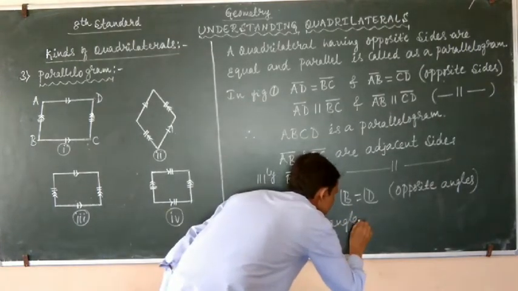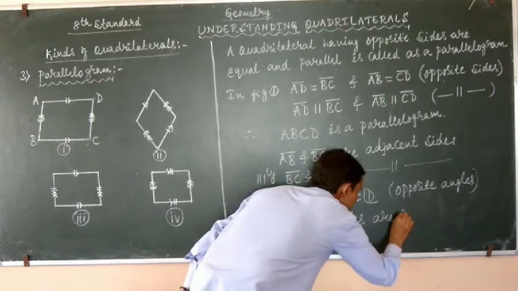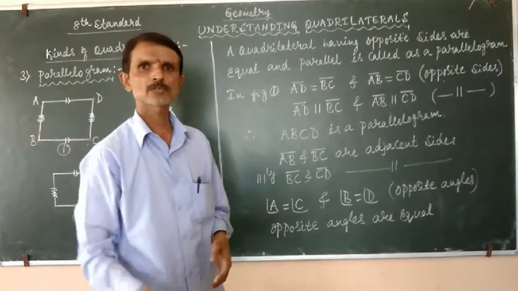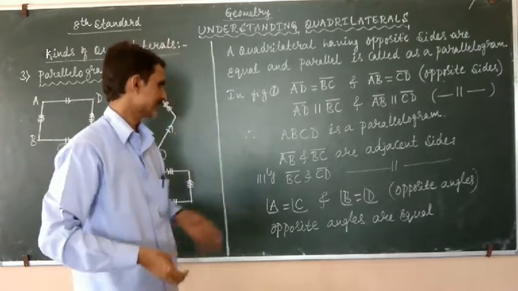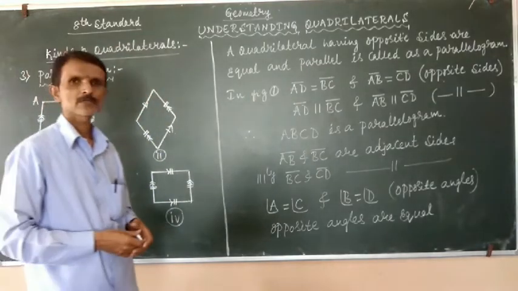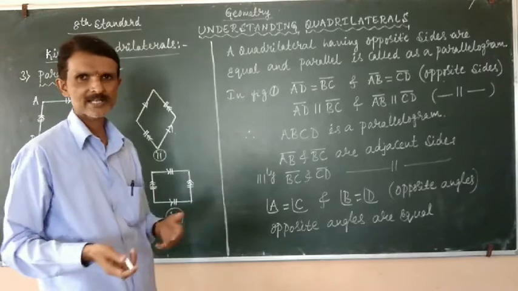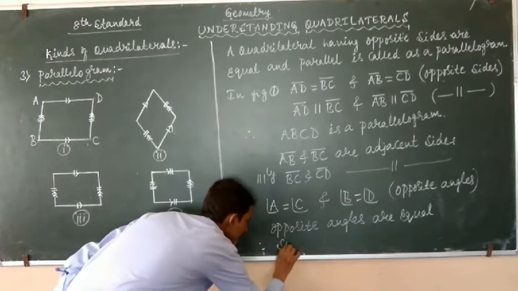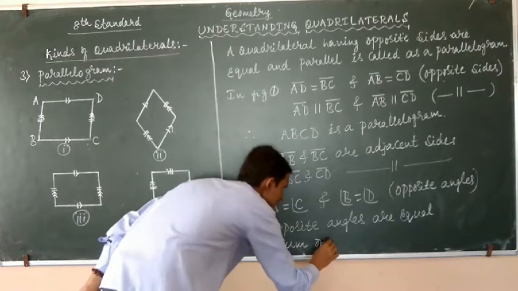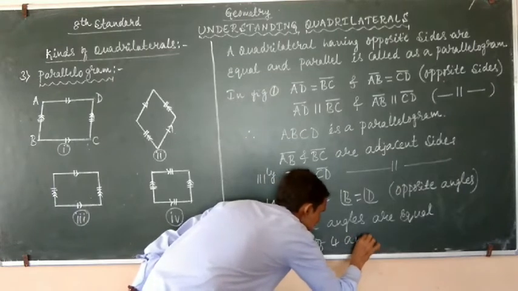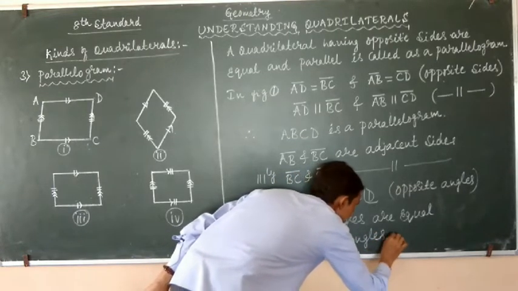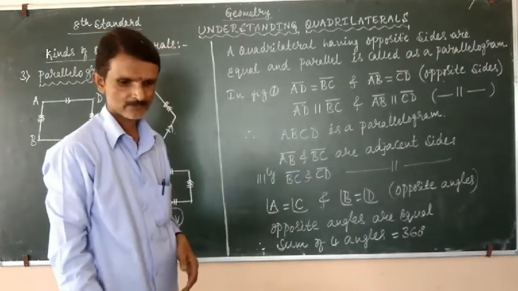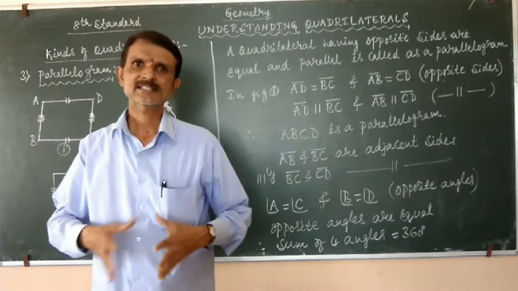But if you add all four angles, the sum will be equal to 360 degrees because it is a type of quadrilateral. Therefore, the sum of four angles will be equal to 360 degrees.